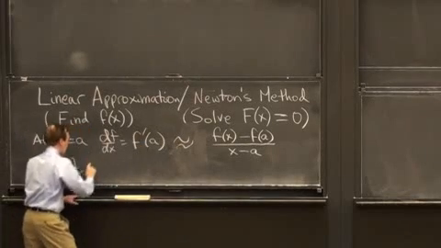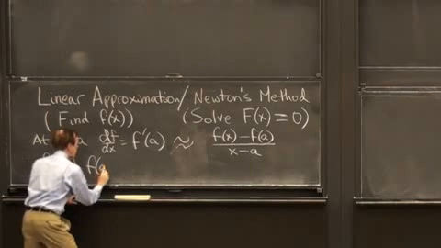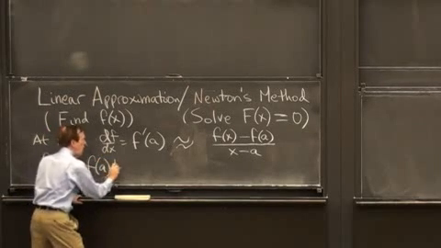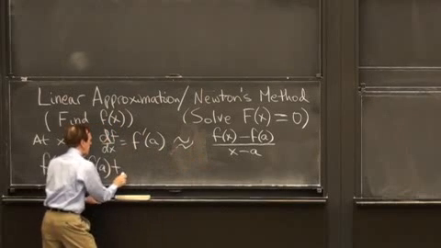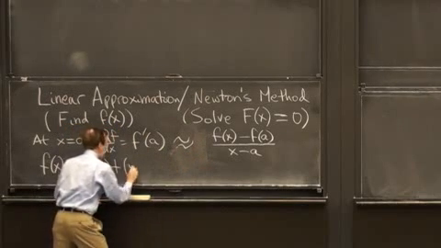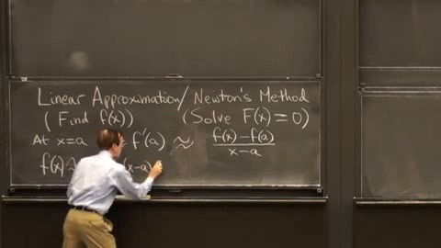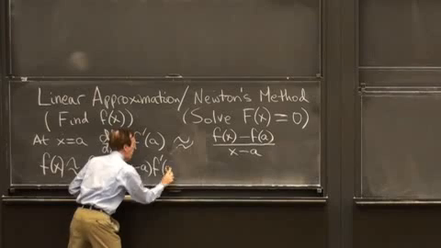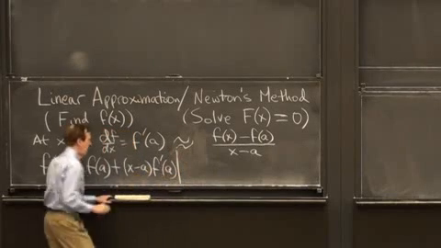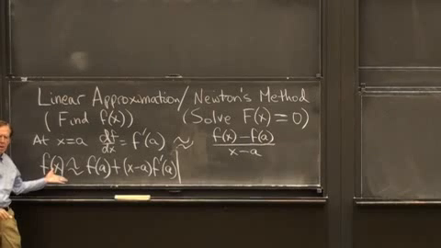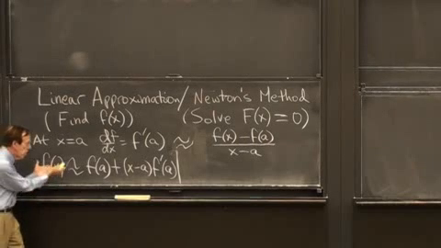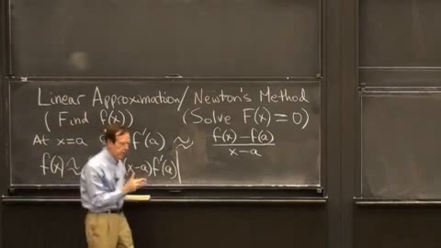So when I move the f of a to the other side, there it is. And then the other part is x minus a times f prime at a. That's my formula. Let me just talk about that formula for a minute and then give examples.